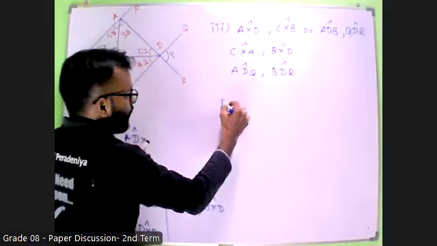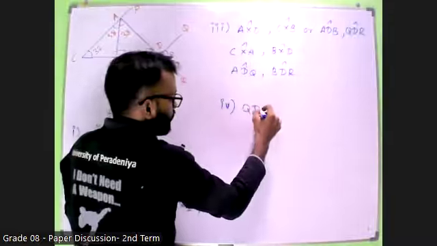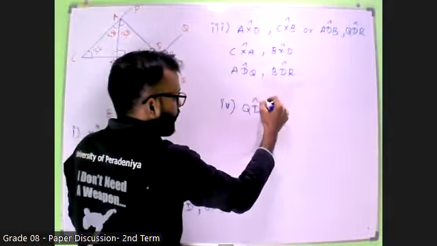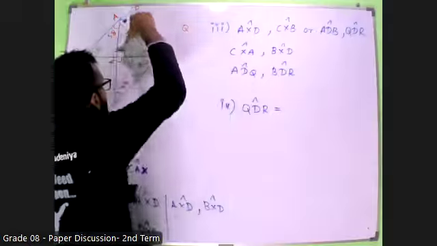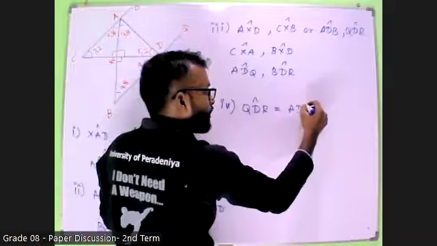Fourth one. When you are writing the answer, QDR angle equals ADB angle. Why is that?